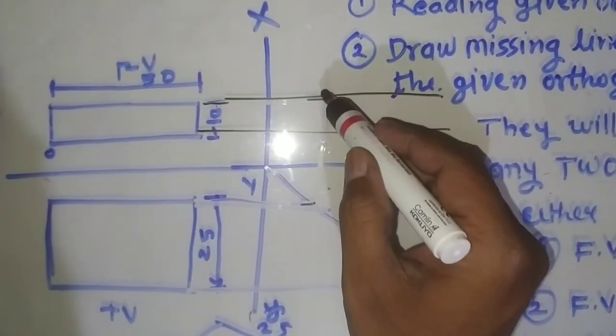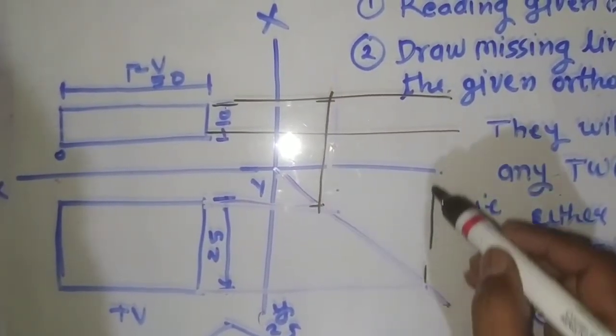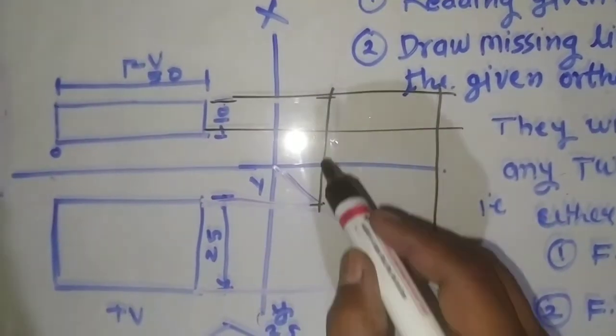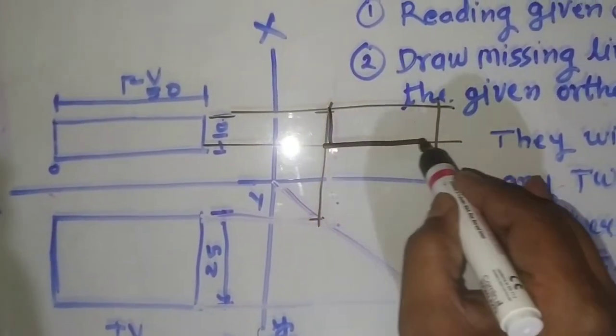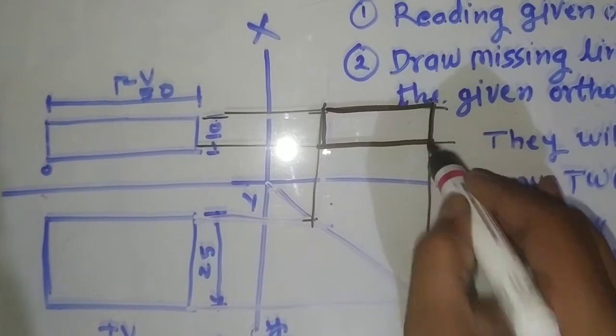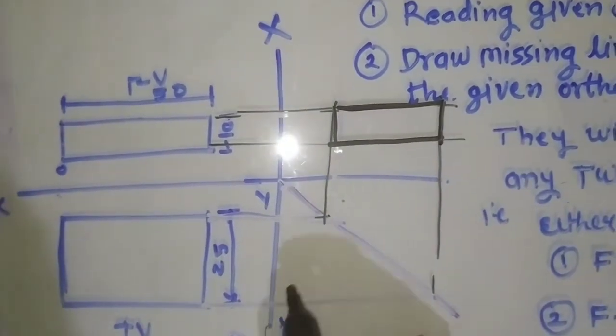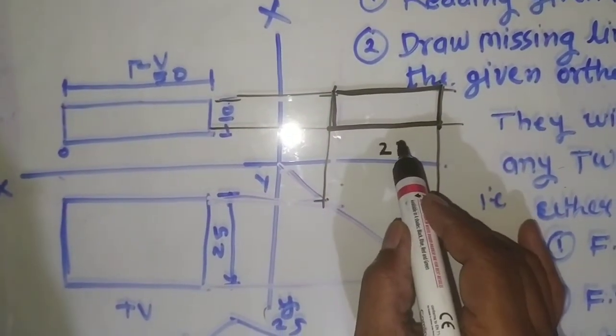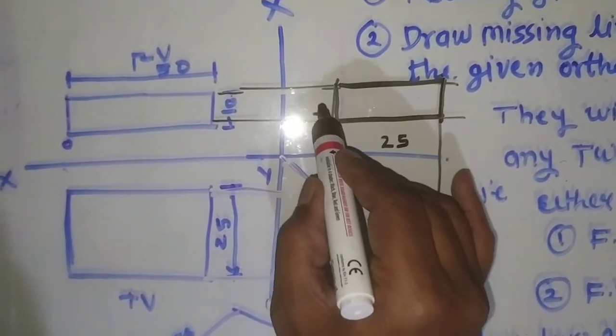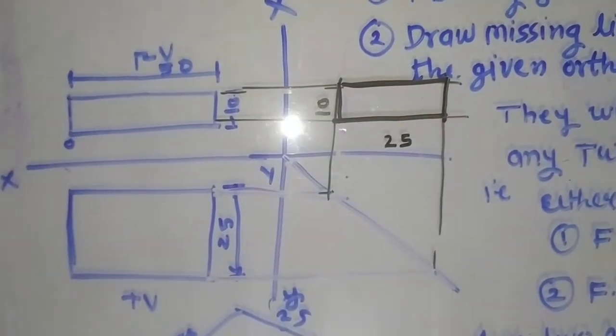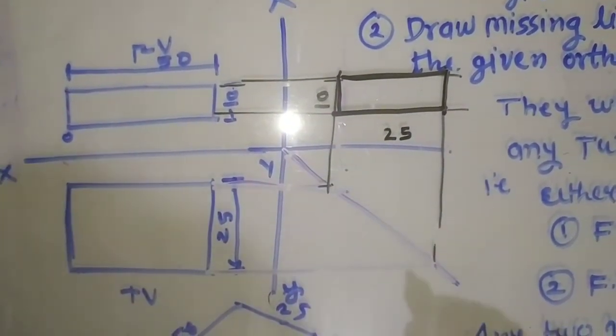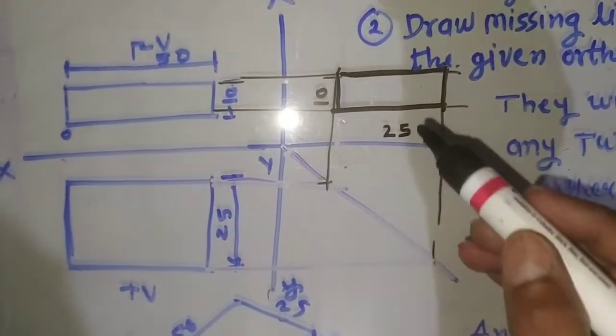This is the projection line coming from here, this is the projection line coming from here, and this will be our side view, where this length is 25 and this length is 10 mm. In this way we have to complete the missing view, that is, the side view.